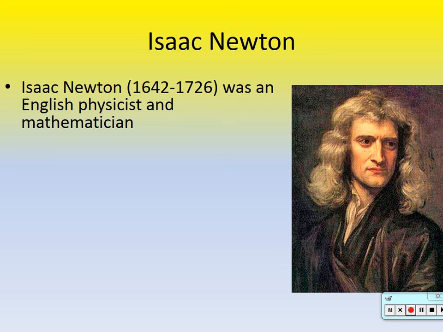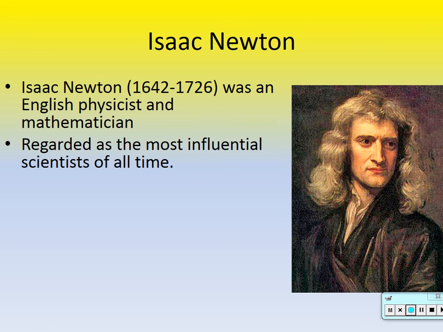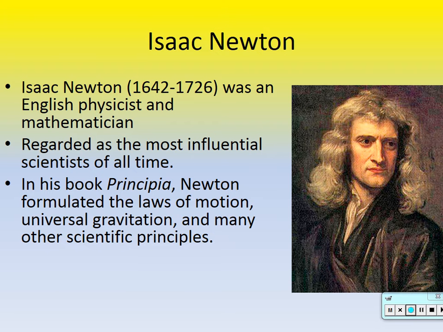So Isaac Newton lived from 1642 to 1726. He was an English physicist and mathematician, regarded as the most influential scientist of all time. He wrote a book called Principia. In that book, Newton laid out his 3 laws of motion.